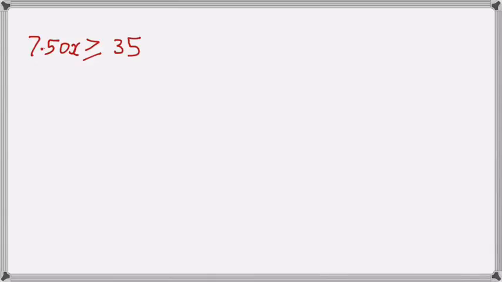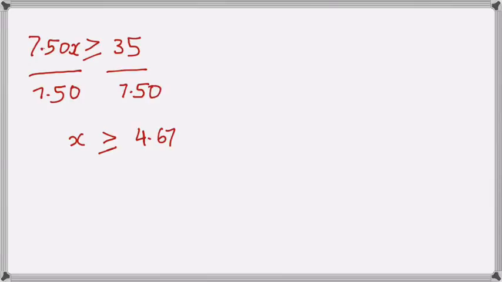So in order to solve this, the first step is that you divide both sides by 7.5, okay? When you divide 7.5 X by 7.5, or 7.5 and 7.50 are the same, you can divide it by 7.5 or 7.50, they are the same.